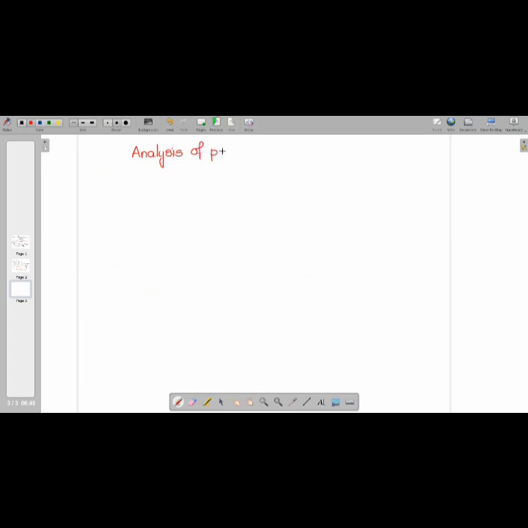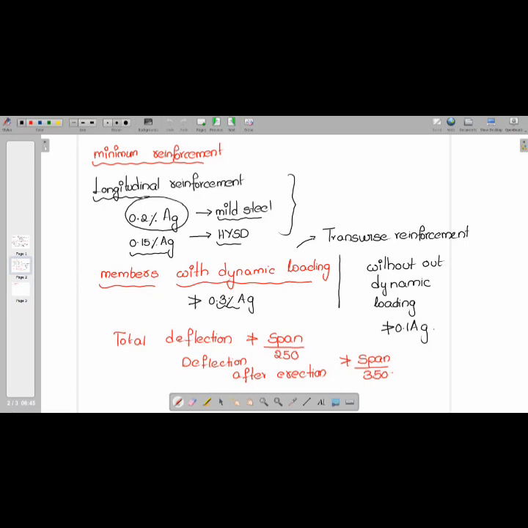In this analysis, the first thing is assumptions. Why do we make assumptions? We assume them to turn a complex problem into an easier problem.